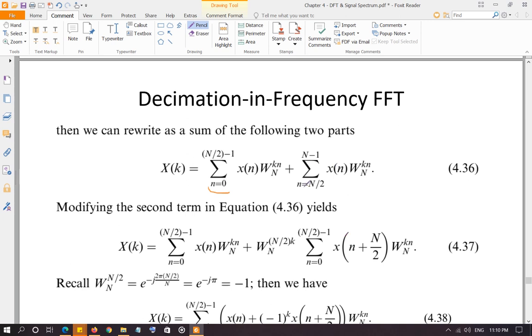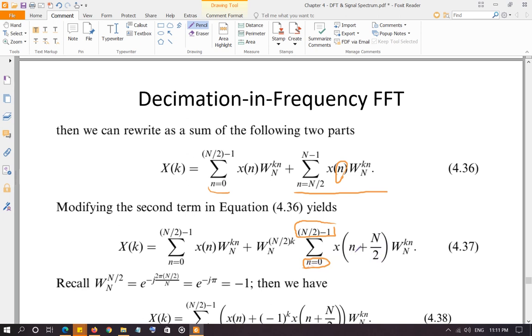Now we're going to modify the second term. And how are we going to modify this second term? Observe. Instead of going for the summation from capital N by 2 to N minus 1, I want to keep the summation the same, n equal to 0 to N by 2 minus 1. And if I do that, then in the argument of x of n, remember the first value of this was supposed to be capital N by 2. So I'm going to add capital N by 2 over here.